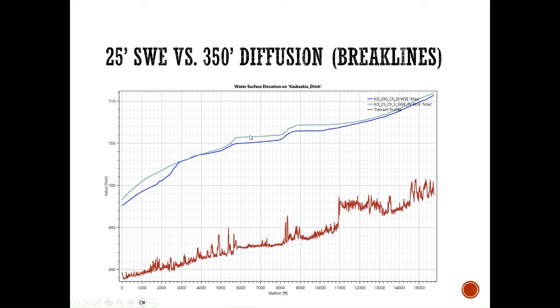You can see that where the bridges are, where those flow contractions are, that's where we're seeing the biggest differences. When we're not influenced by those flow contractions, the results don't differ all that much. They're pretty comparable, but where you do have those big flow contraction areas, those are where you're going to see bigger differences between the full momentum and the diffusion wave equations.